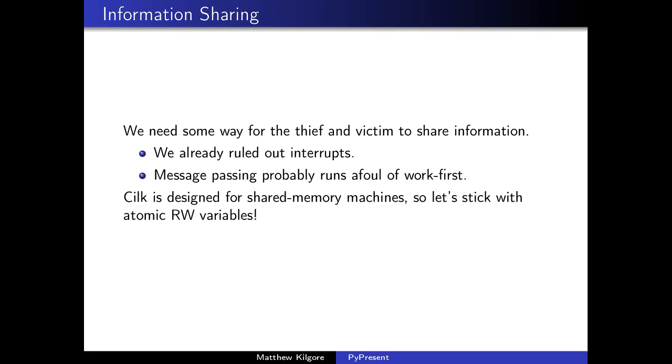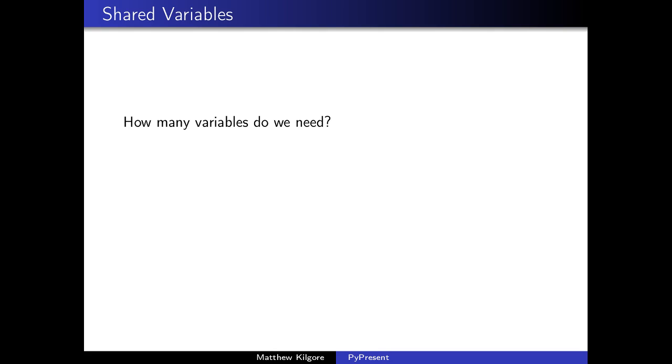Now, Cilk is designed for shared memory machines, so we can probably get away with atomic read-write registers. So the next natural question is, how many of these variables do you need? Obviously, you're going to need a tail variable for the end of the spawn deck.